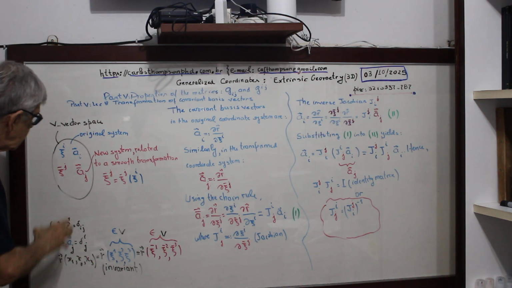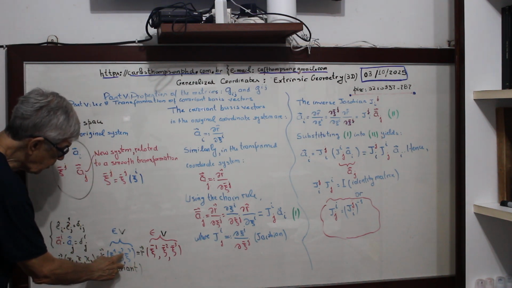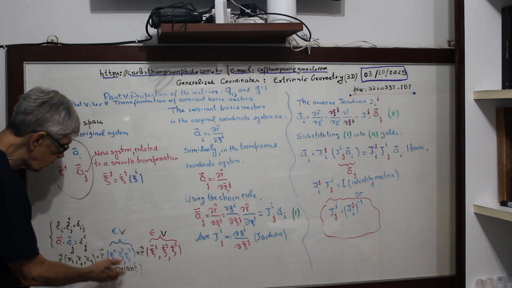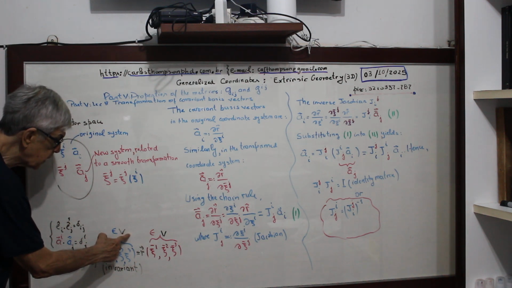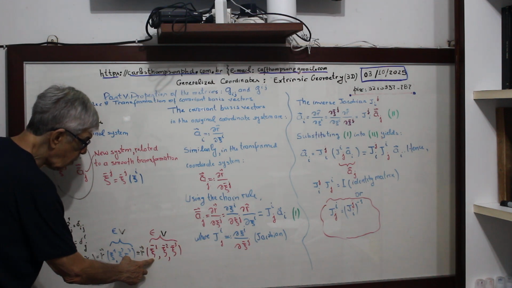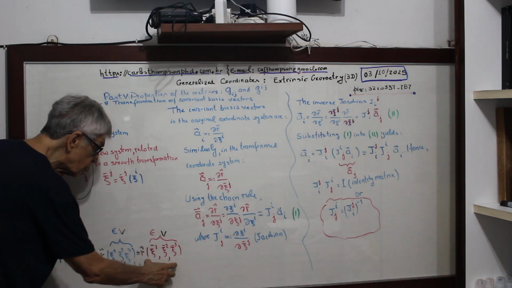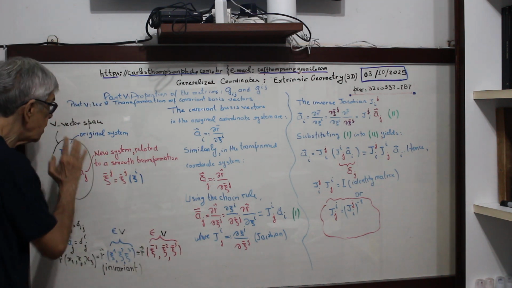Again, I repeat, these contravariant components, a coordinate, I'll say, is better, they belong to the vector space. Now, these contravariant components belong to the same vector space.